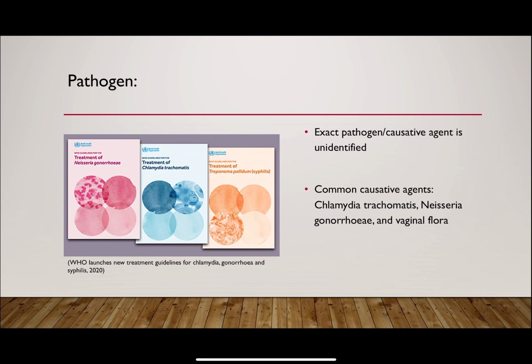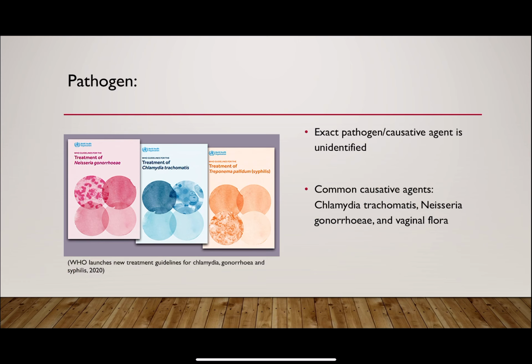The articles and journals that I found on PID all showed that there's not an exact pathogen or causative agent that leads to this disease, but rather a common list of causative agents that are usually found when somebody has PID. If left untreated, or if they affect the wrong person, they can lead to the spreading of this infectious disease to the upper reproductive system.